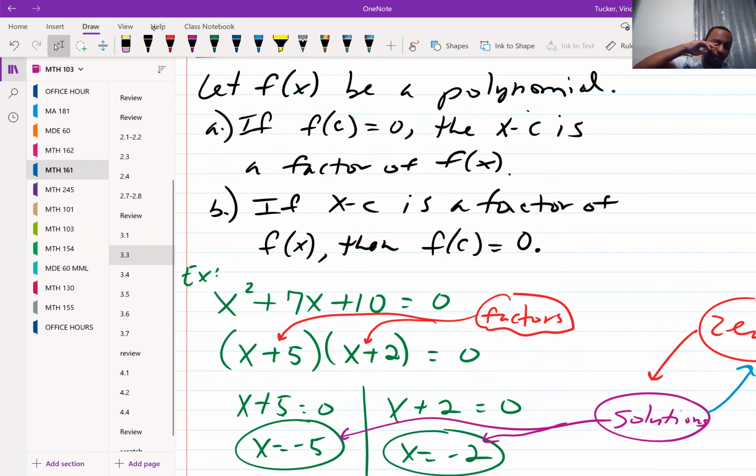All right, so I have x squared plus 7x plus 10. If I were to factor that, it would factor out to give me x plus 2, x plus 5. Those would be our factors.